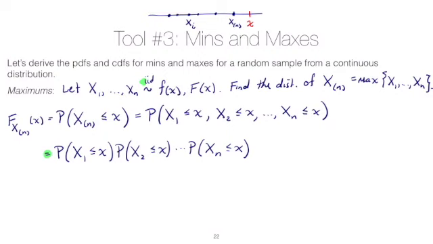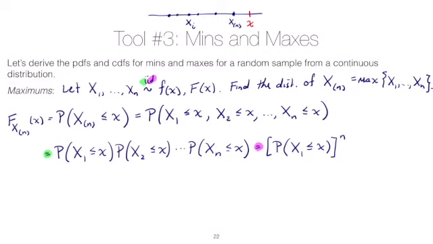And then we can also use the fact that we have identically distributed random variables to say that this is really just the probability that one of the random variables, say x1, is less than or equal to x, and just raise that to the nth power. There we were using the ID part of the IID.